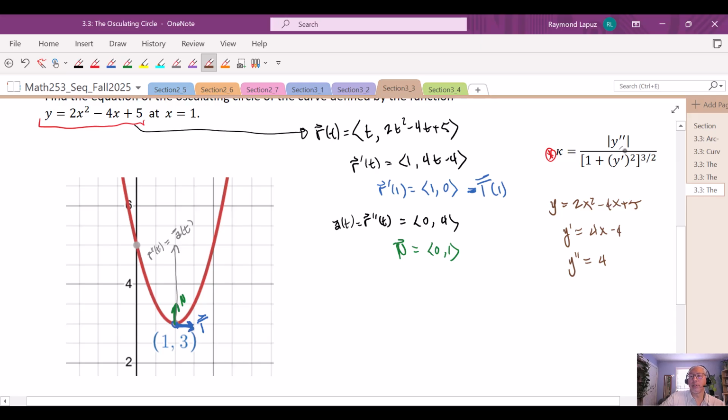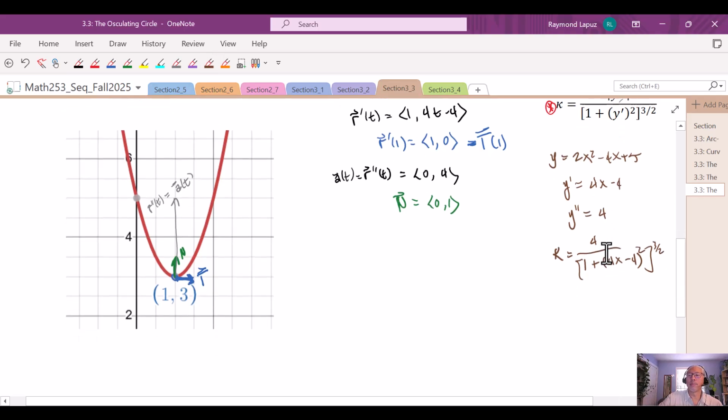It's positive already, so we can just ignore the sign or the absolute value. And then in the bottom we have 1 plus 4x minus 4 squared, and then take that to the 3/2 power. We're going to put x equal to 1 in here.